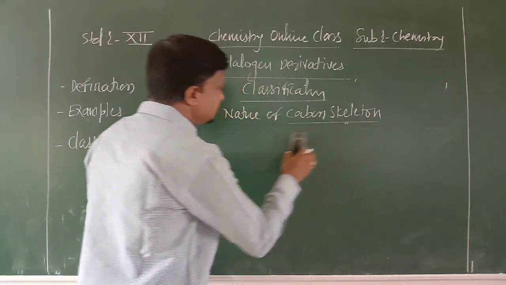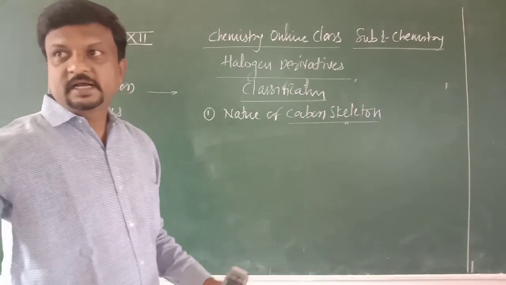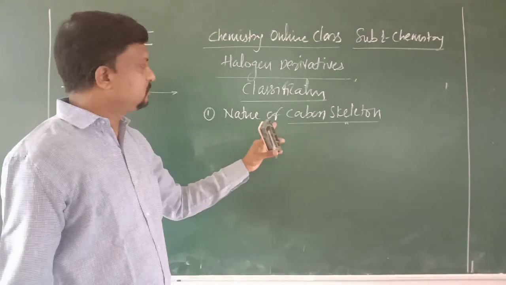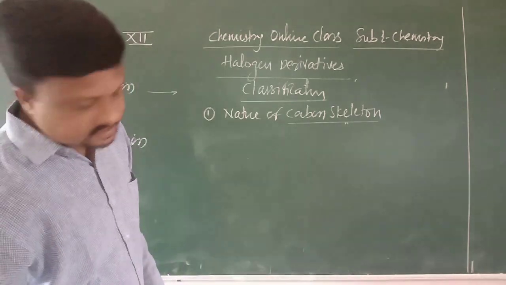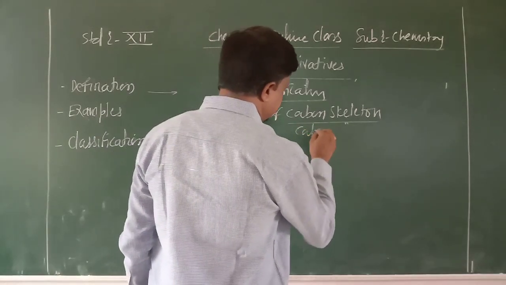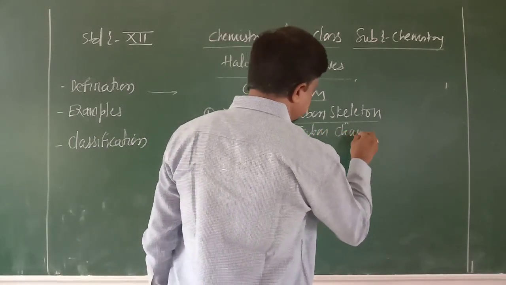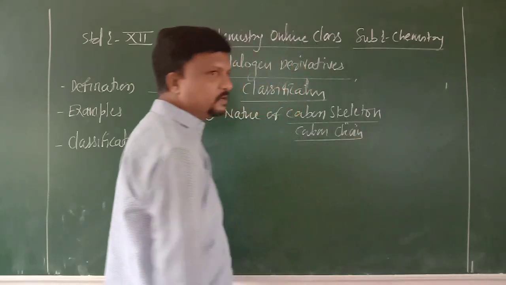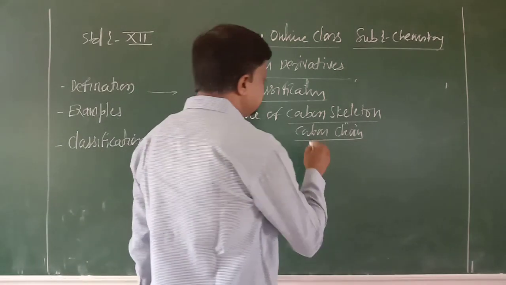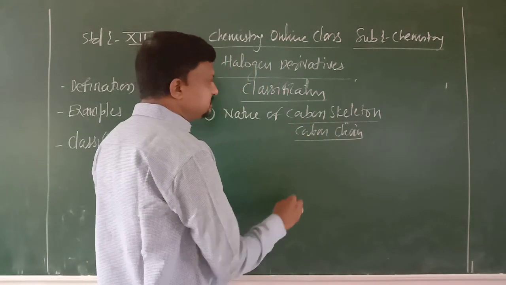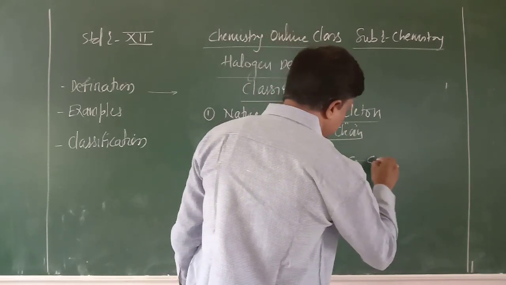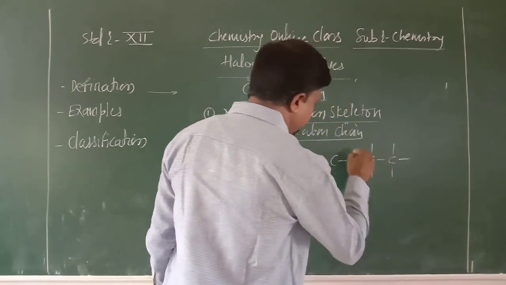First we will discuss the classification based on the carbon skeleton. Now see that carbon skeleton means carbon chain, and as it is an organic compound, every organic compound contains the carbon chain, because carbon undergoes catenation, and because of that it contains this type of chain.